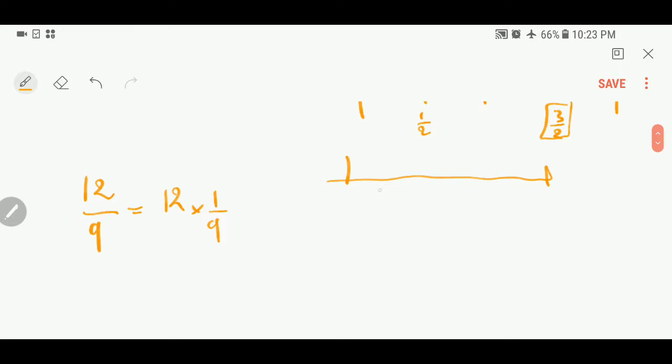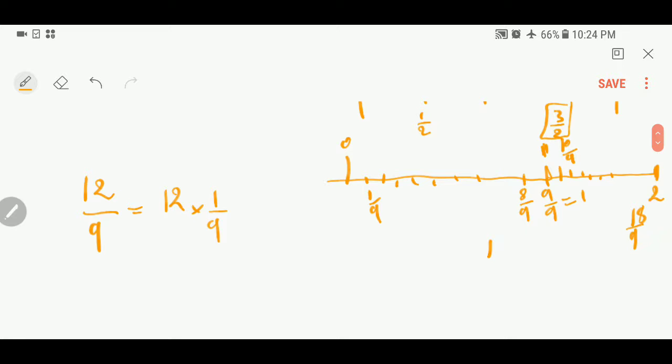You can cut the whole segment into 9 pieces, like 1 over 9, 2 over 9, 3 over 9, until 8 over 9, until 9 over 9, which is 1. So 0 and 1, and then this is 9 over 9, and then you're going to move on. If this is 0, this is 1, let's say this is 2, then this is like 10 over 9 all the way to, actually, 18 over 9.